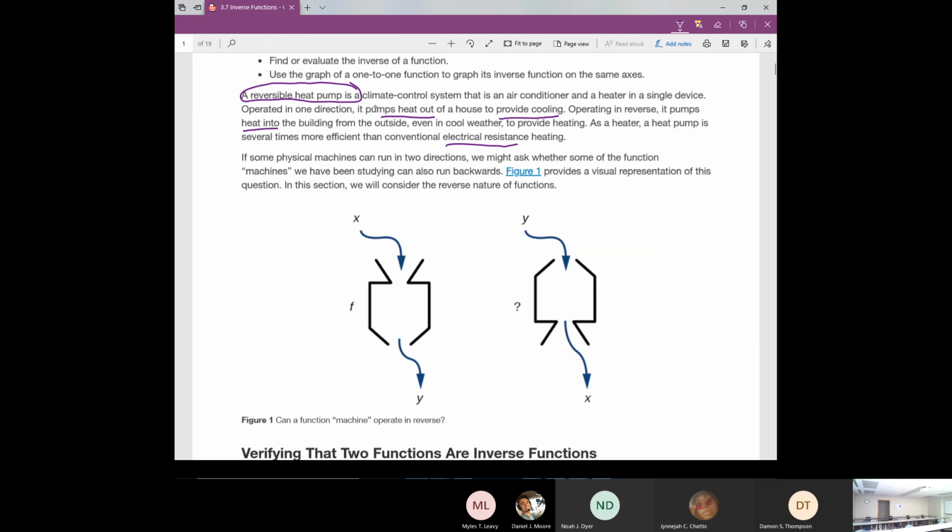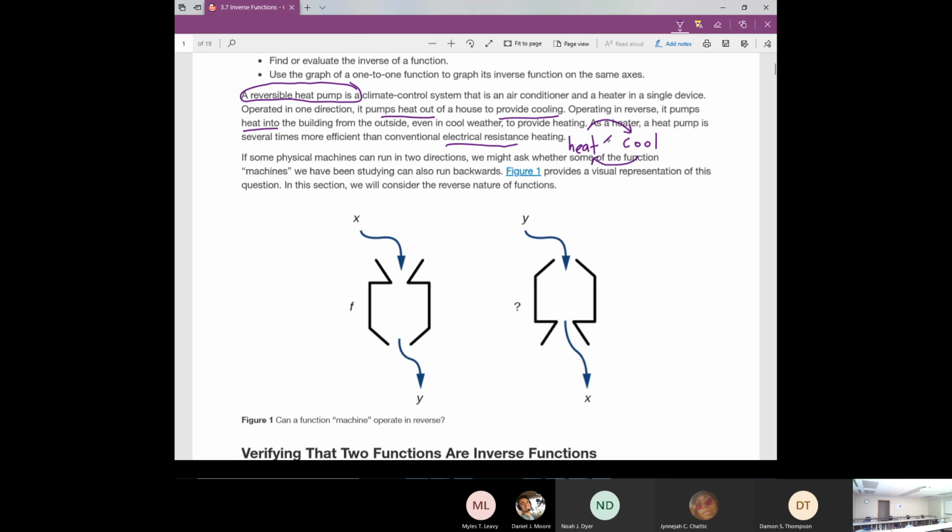So there's an example of a reversible function where you have heat. You can heat something, and one side of the motor gets cool. If you run the fan in this direction, you're heating up something that's cold. If you run the fan in the reverse direction, you're cooling off something that's hot.